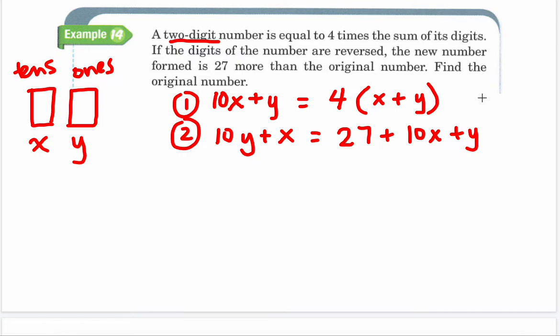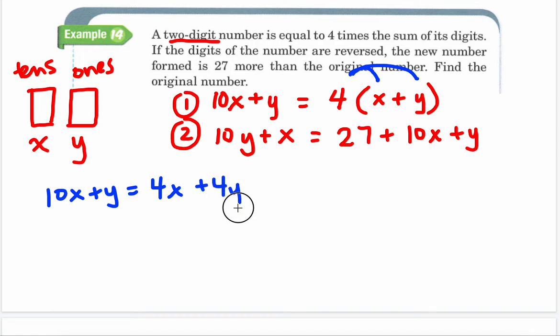Now we're going on to step 3, which is where we can just solve it normally using whatever method we want. Okay, before I do that though, I'm probably going to want to simplify these two equations because there's a lot of mess going on. So maybe I want to first distribute this. So the first equation would become 10x plus y equals 4x plus 4y, okay?